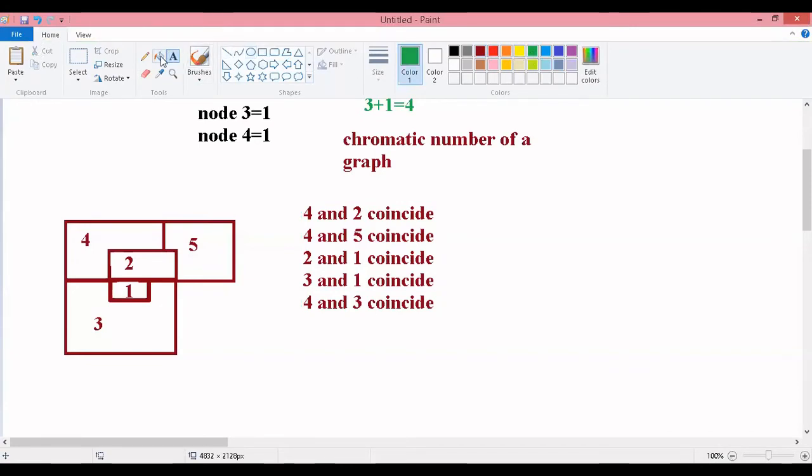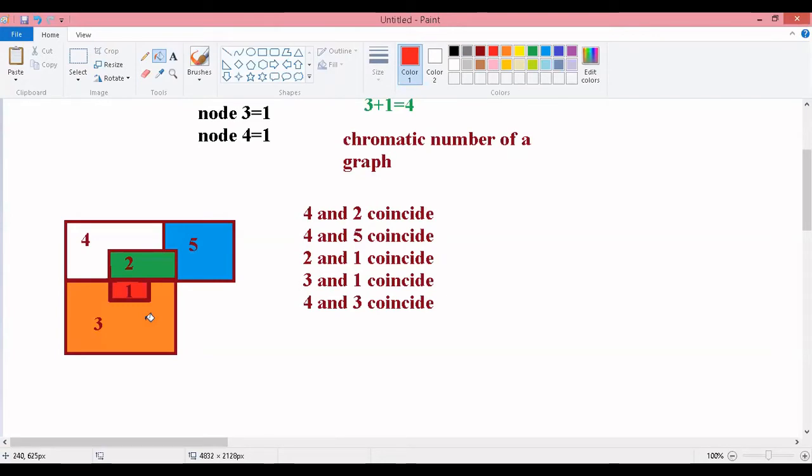Now the block 2 is this one. If you see the block 3, suppose I give it a different color. Now 5 is not touching the border of 3. 2 is coinciding, 1 is coinciding, but 5 and 3 are not coinciding.